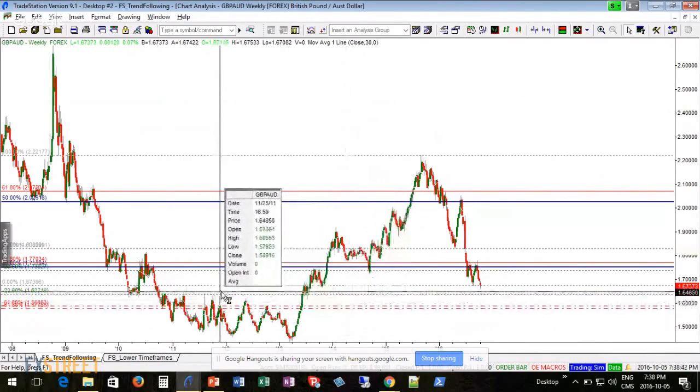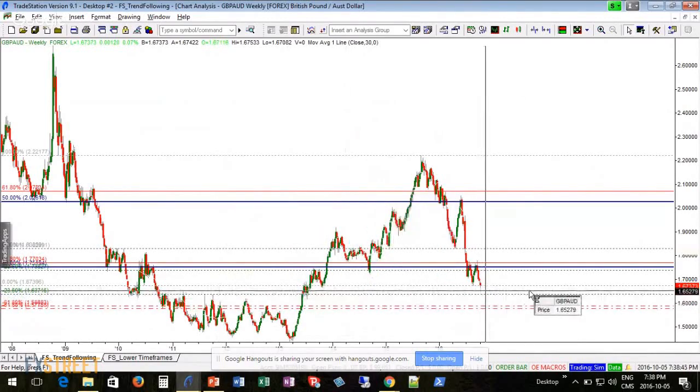But there are previous size also around 163.70. So this market is indeed on a larger time frame still in a lateral move, a very large lateral move.